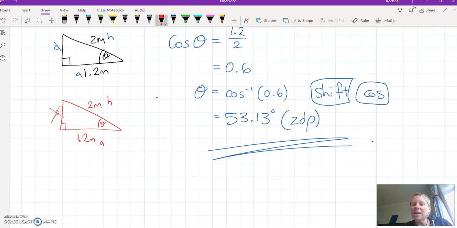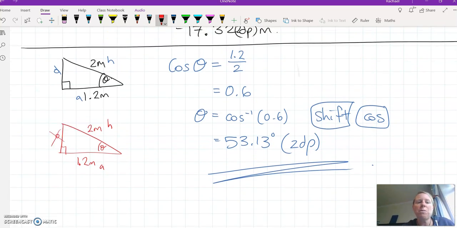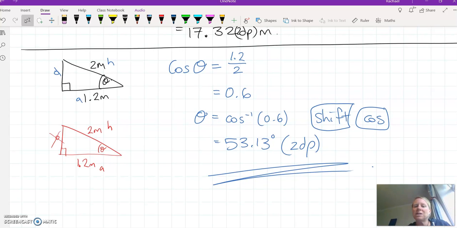We're left with the A and the H. SOHCAHTOA, CAH, so it must be cos. So we pop in all the bits and pieces that we know into cos theta equals A over H. In this case, A is 1.2, H is 2, so we've got 1.2 divided by 2, and of course that makes 0.6.